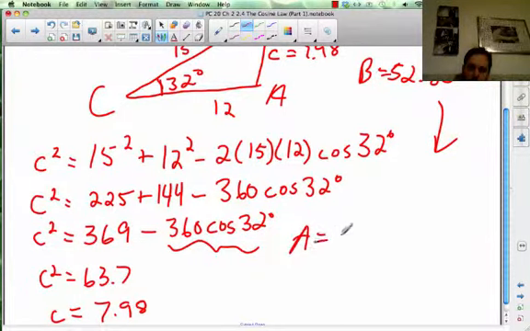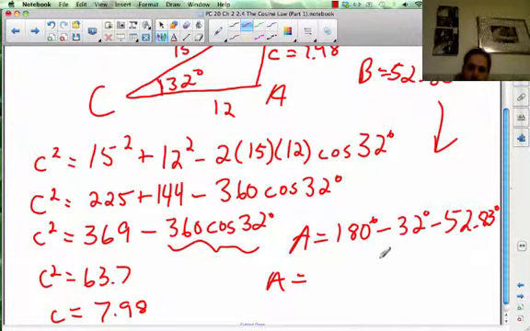And then A is really simple to solve for. We go A equals 180 degrees minus angle C, 32, minus angle B, 52.83, and A, so we're subtracting 84.83, so this should leave us with 95.17, I believe.